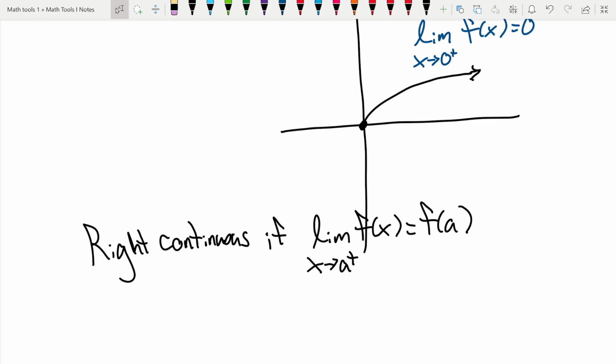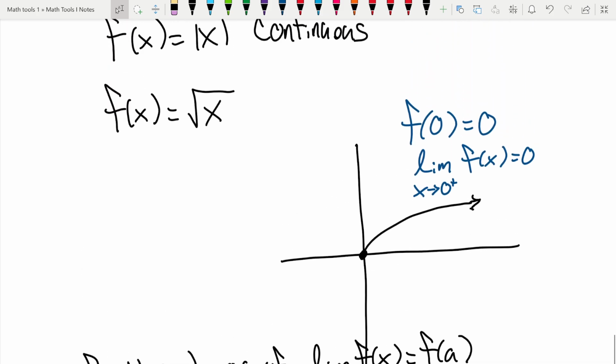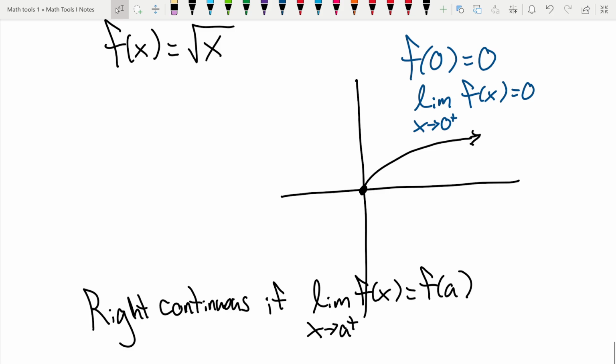Some sources will only consider continuity on the domain of the function itself, which means that they're not even really looking at infinite discontinuities, right? Because those occur at points outside of the domain.